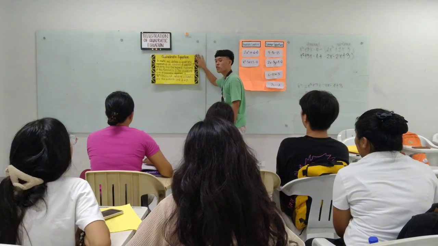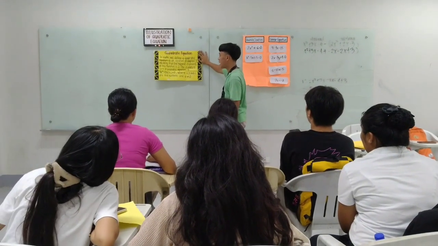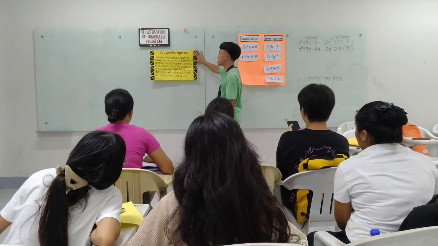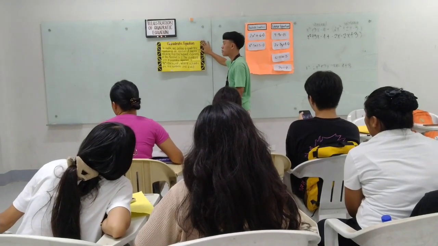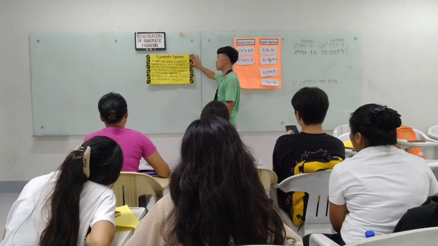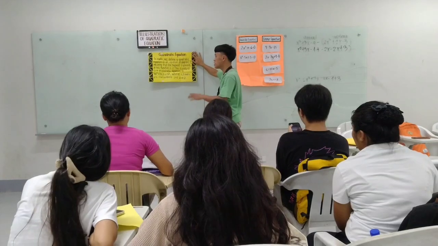The standard form of the equation is ax squared plus bx plus c is equal to 0, where a, b, and c are real numbers and a should not be equal to 0.